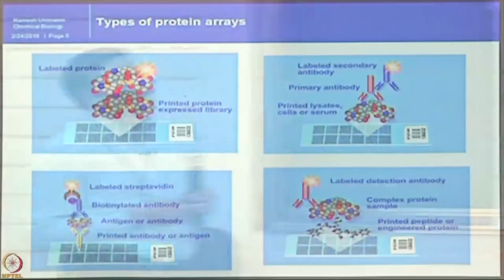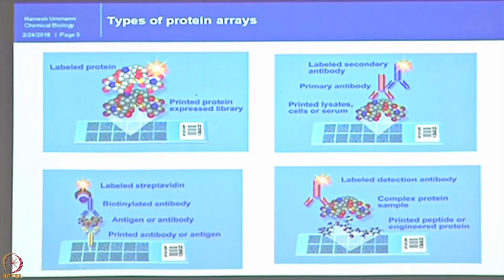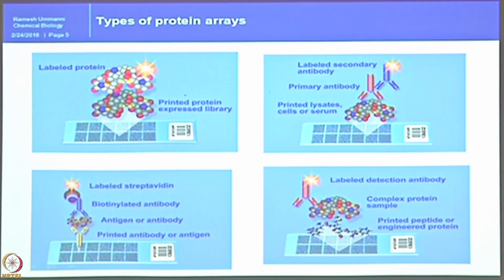If you look at this cartoon, there are different types of arrays. In the first cartoon, you can see a glass slide with a barcode, printed with protein expression libraries.